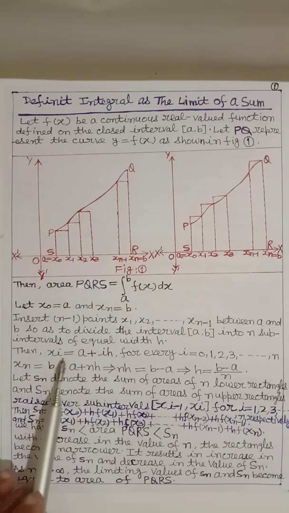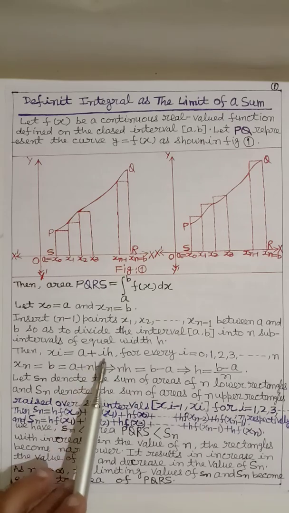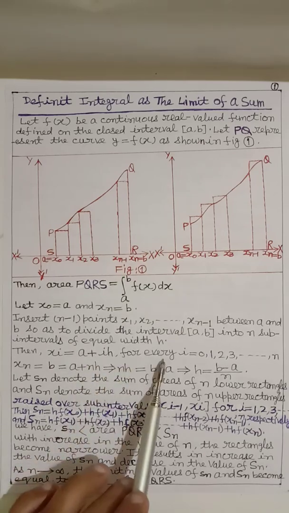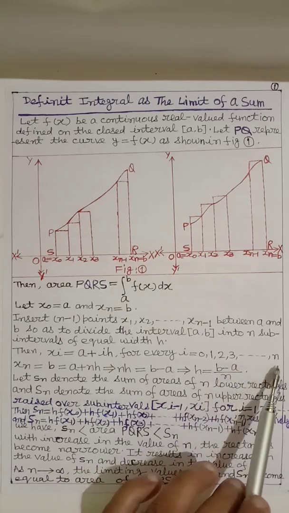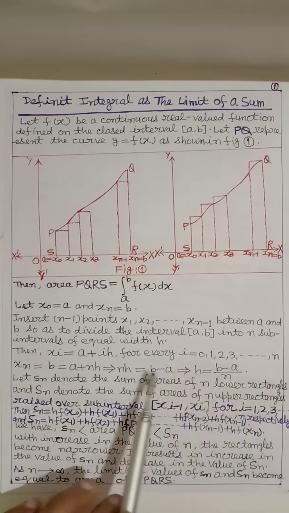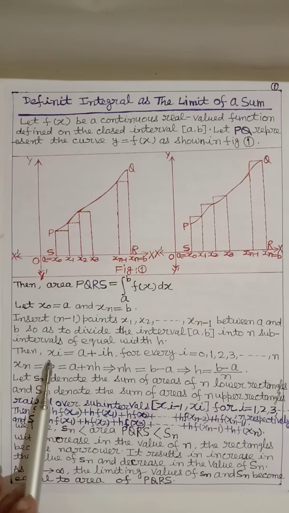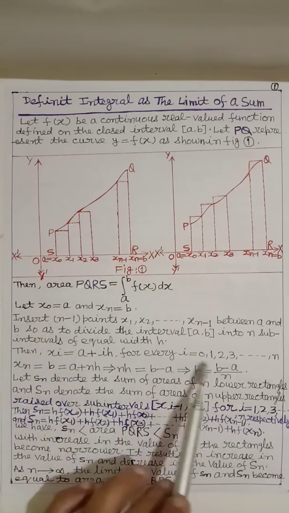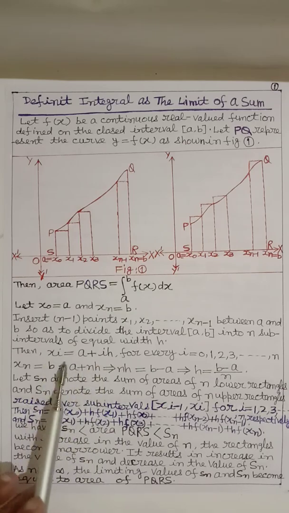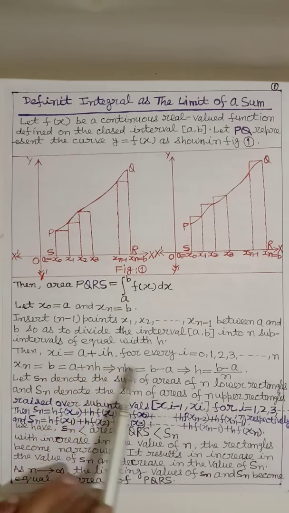Then xi equals a plus ih for every i equal to 0, 1, 2, 3 and so on up to n. Means if we put i equal to 0, we get x0 equals a. If i equals 1, we get x1 equals a plus h, and so on.